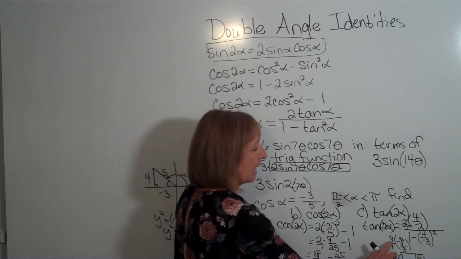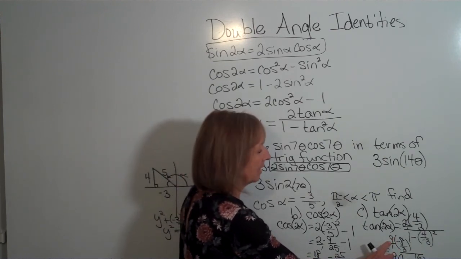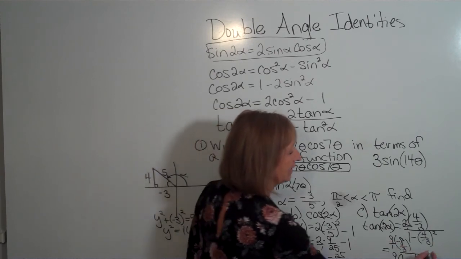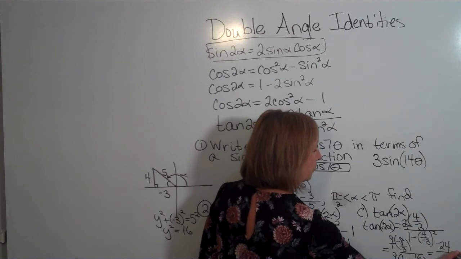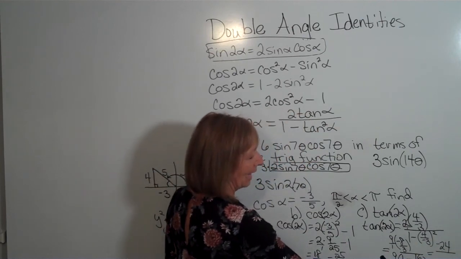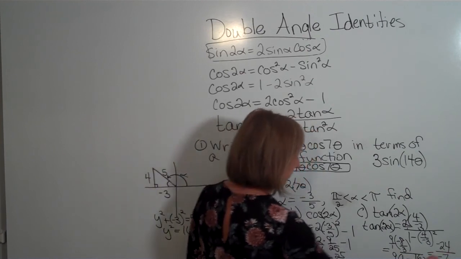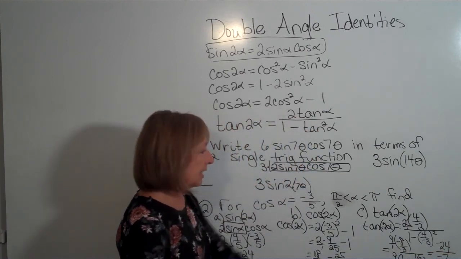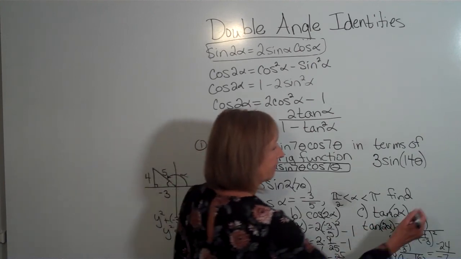So then I get my 3 goes into 9 3 times, and then times negative 8 gives me a negative 24 over, and this gives me 9 minus 16, which is negative 7. And then negative 24 over negative 7 is a positive 24/7.